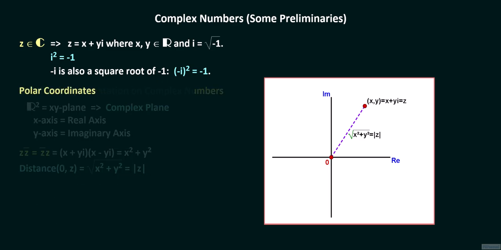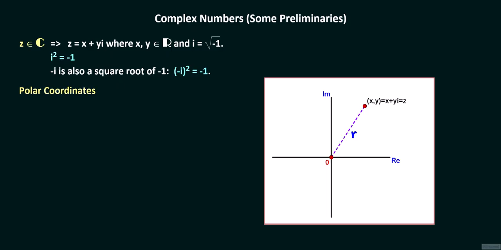We often use polar coordinates for complex numbers. Let r be the distance of the point (x, y) to the origin. Then r squared equals x squared plus y squared. If r is indeed the distance between z and the origin, then r is also called the modulus of z.